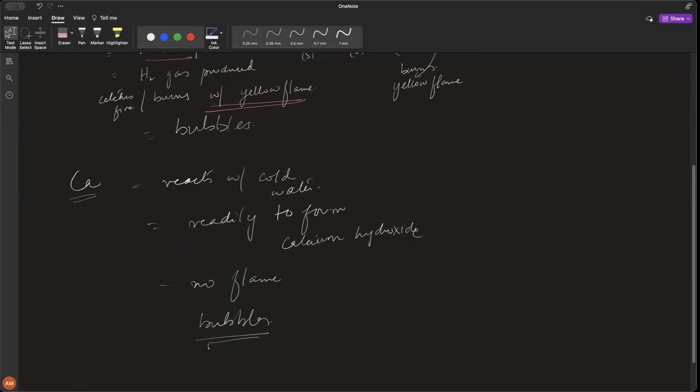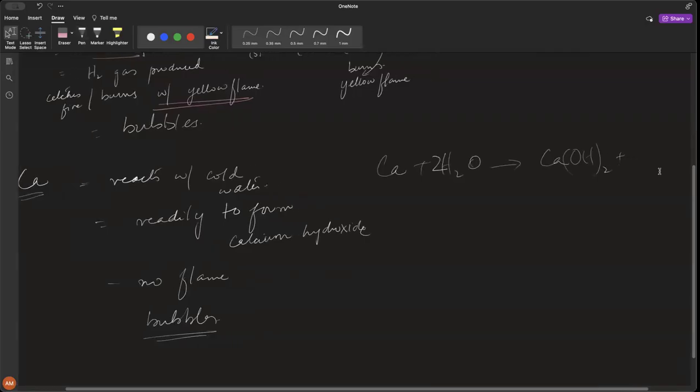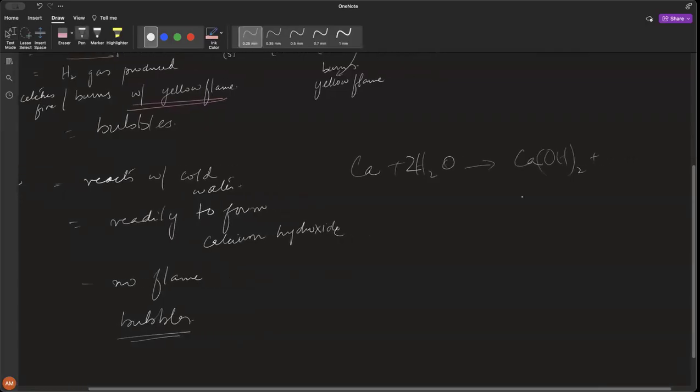We'll talk about it, inshallah. So for calcium, the equation is going to be calcium plus 2H2O gives you calcium hydroxide plus hydrogen gas, right?